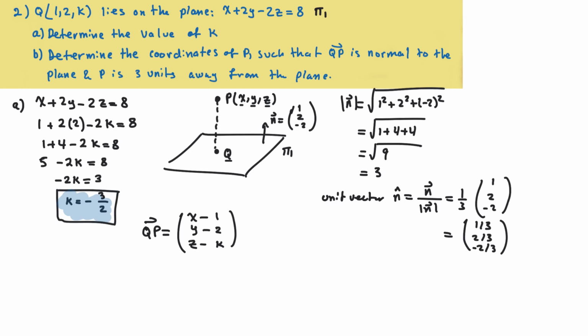This is also going to equal 3 multiplied by the unit vector n, or the normal, because we know the normal is going in the same direction. We know that its unit vector will have magnitude of 1, so if we multiply that by 3, we will reach from Q to point P.